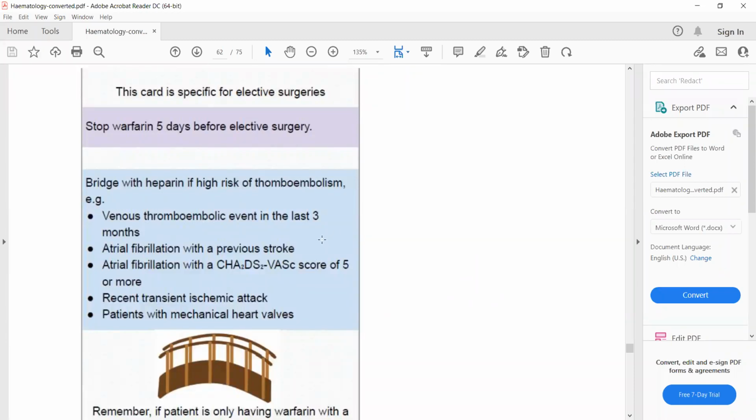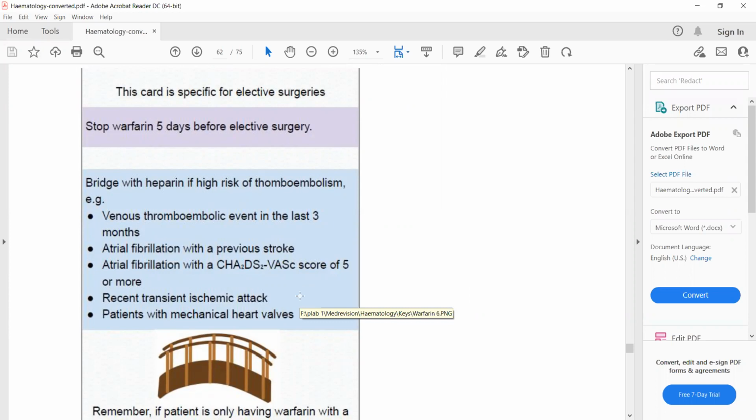Atrial fibrillation with a previous stroke; someone with atrial fibrillation and a CHADS-VASc score of 5 or more; a recent transient ischemic attack; and patients with mechanical heart valves. So these 5 categories of patients require heparin bridging.